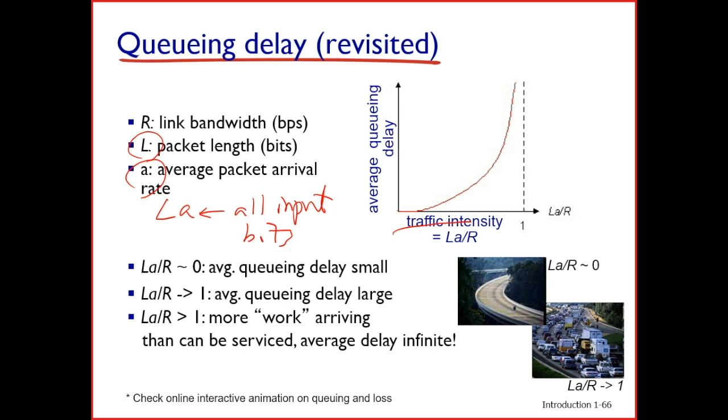And that's why we have the ratio to have some corresponding mapping to the queuing delay. So L multiply A, the input bits, over the capability R, we can call this term traffic intensity.